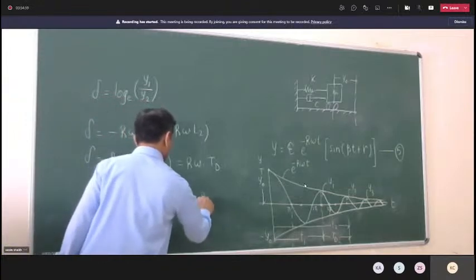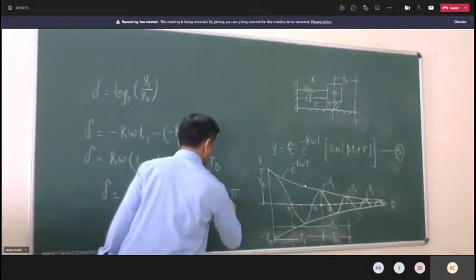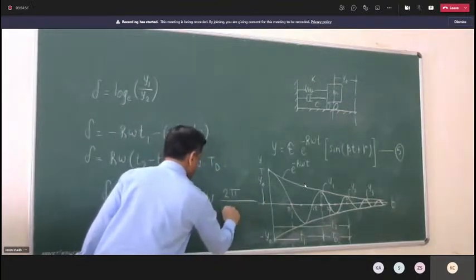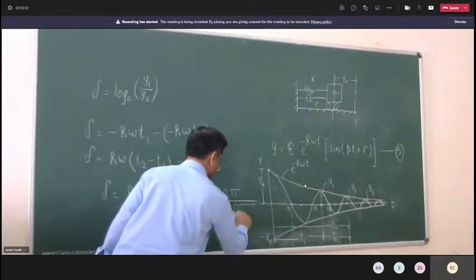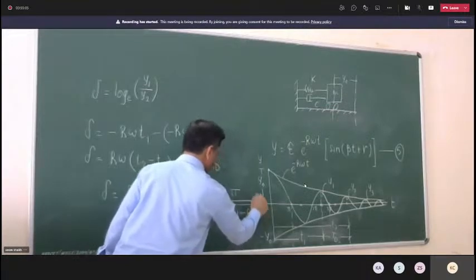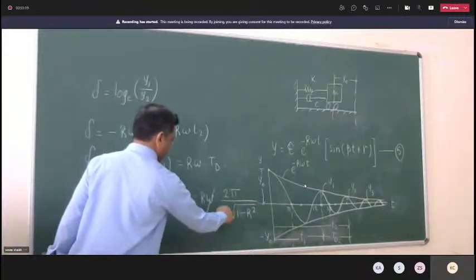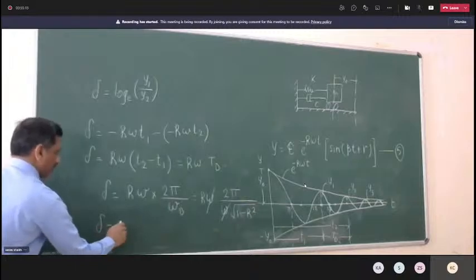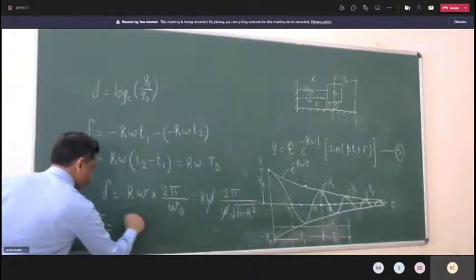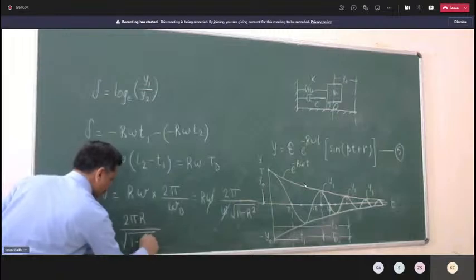That is equal to r omega into 2 pi upon omega dash, and omega dash is omega into under root 1 minus r square. This omega will be cancelled, and you get another equation for logarithmic decrement delta as 2 pi r upon under root 1 minus r square.